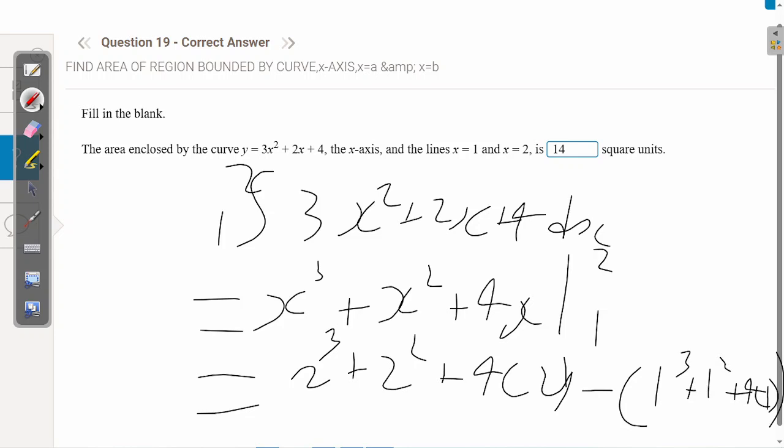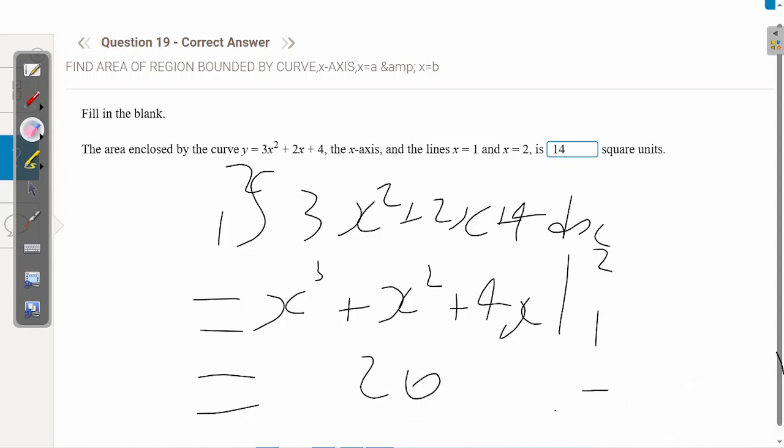So it will be 2 cubed plus 2 squared plus 8, so this will be equal to 20 minus 1 plus 1 plus 4, which is 6. 20 minus 6 equals 14.